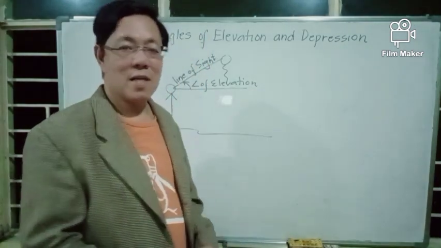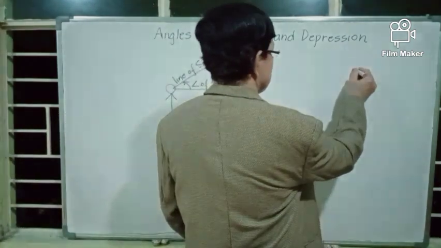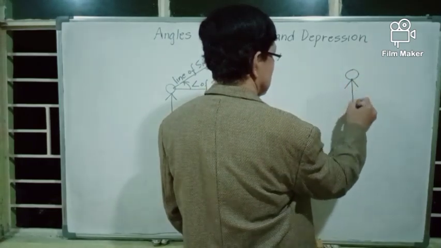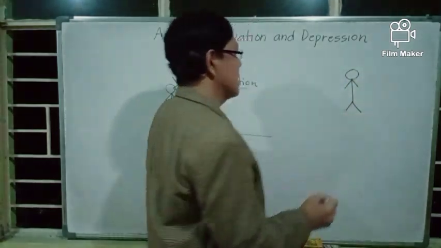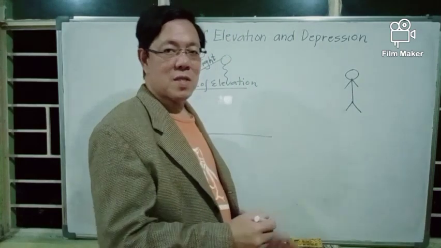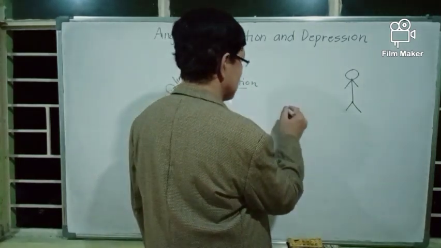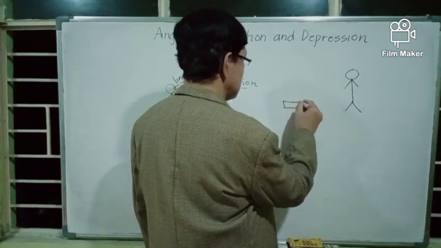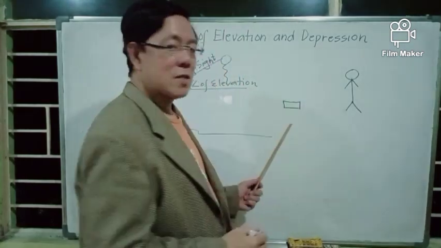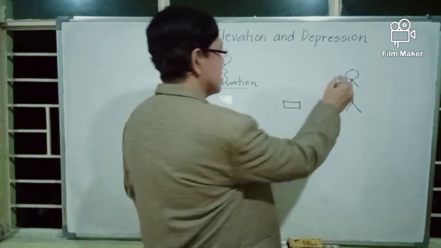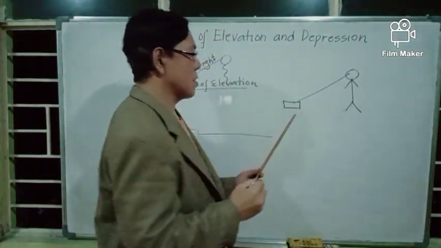We consider again an observer. And suppose this observer is looking down at some object. This is the object. The observer is looking down at this object.